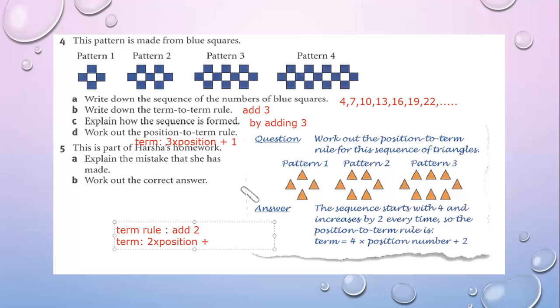Now 2 multiplied by position plus 2: 2 multiplied by 1, 2, plus 2. Now it's good. So she made a mistake: when the position is 2, 2 multiplied by 4, 8 plus 2, 10. So this is not 10. Now this one is right. The only mistake I found is in the position to term rule, otherwise all is correct.